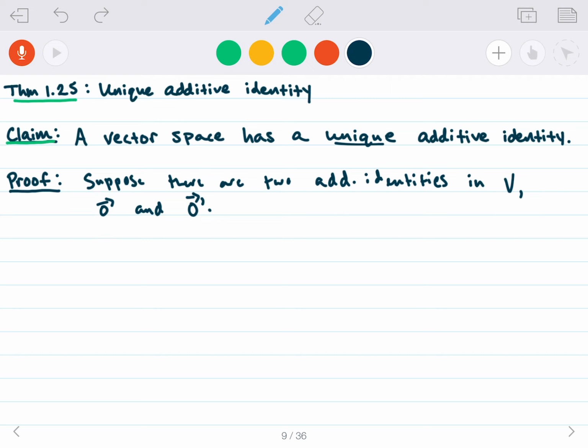Okay, so we know that 0 prime is equal to 0 prime plus 0. Why does this equal this? Well, because we assumed that 0 was an additive identity. So we take any vector, in this case 0 prime, we add an additive identity and we get itself.